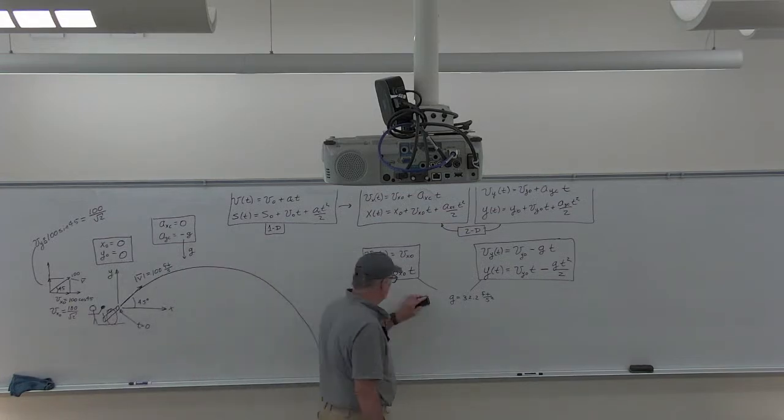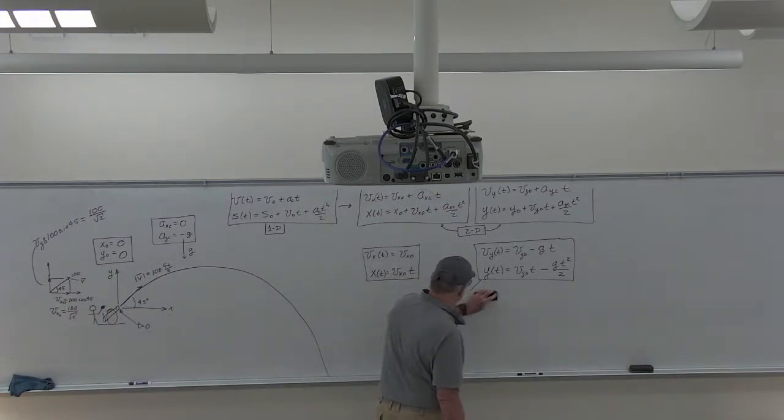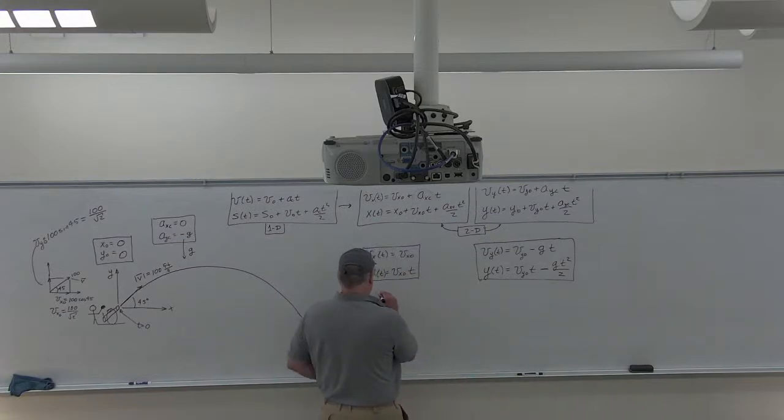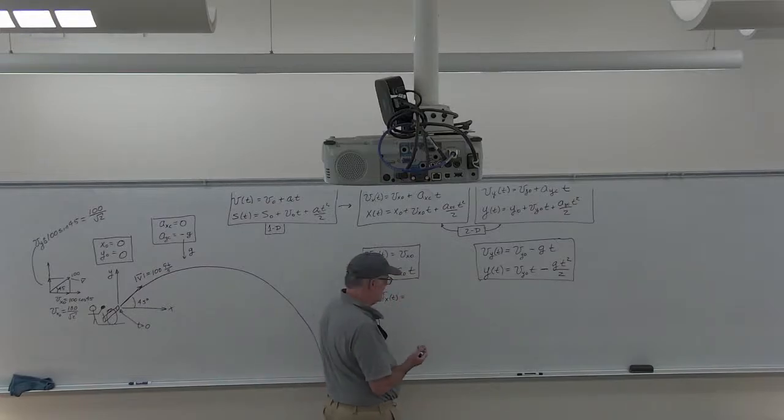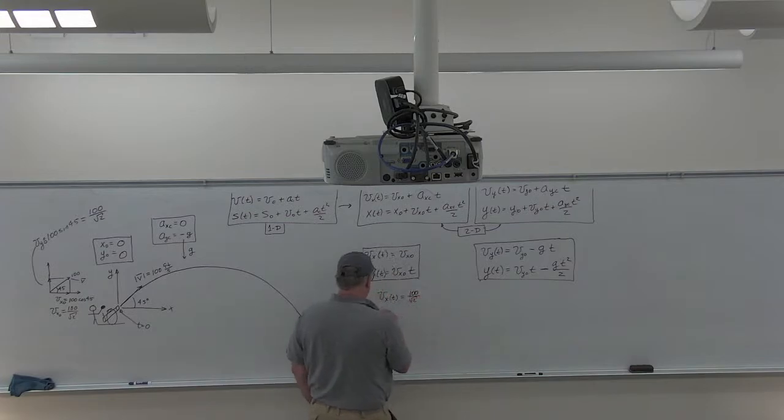So my equations now, let me go ahead and rewrite them. The velocity of x as a function of time, which isn't really a function of time, is just 100 divided by square root of 2. And then the position, which does vary with t, is 100 over square root of 2 times t.